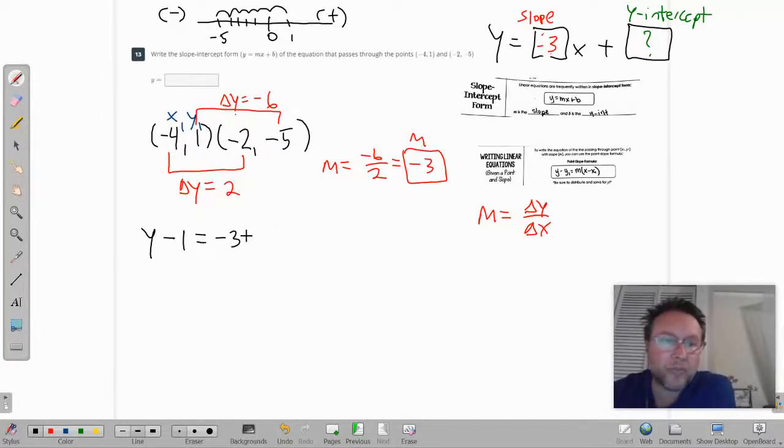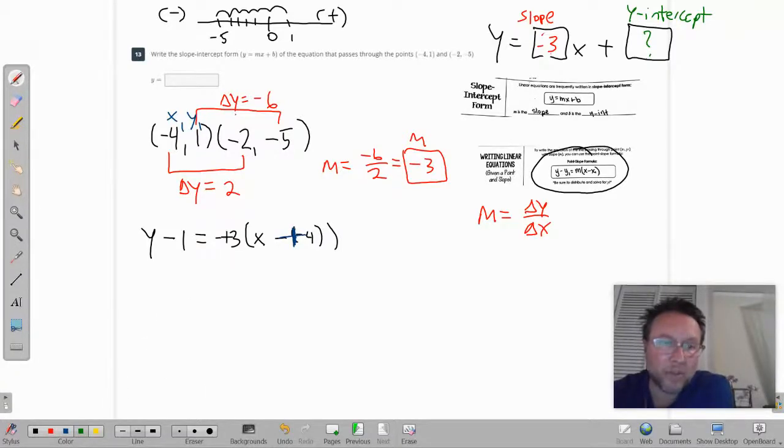And again, I'm just following this from the toolkit. And then times x minus x1. Be careful here because there's already a minus there, and then that's a negative. I always put parentheses just so I can catch that. So really this is x plus 4. So be careful with that.